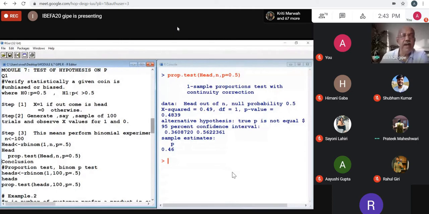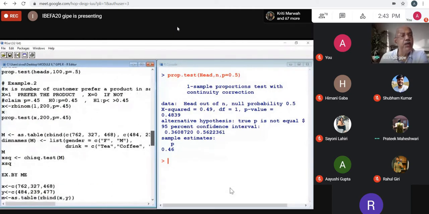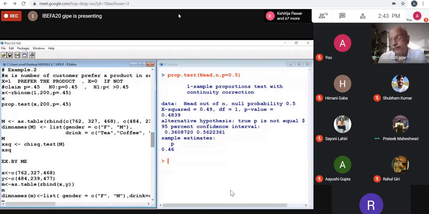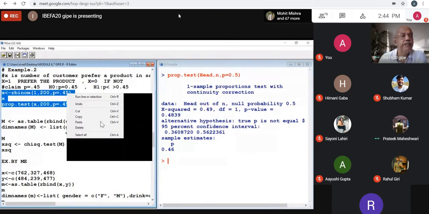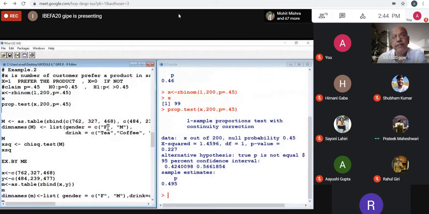So this same example I can translate into customer. The sales manager says probability the customer prefers a product is 0.45. Take a random sample of 200 customers in the survey. 99 of them are preferring the product.